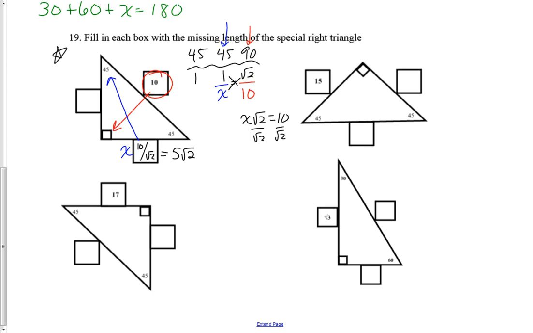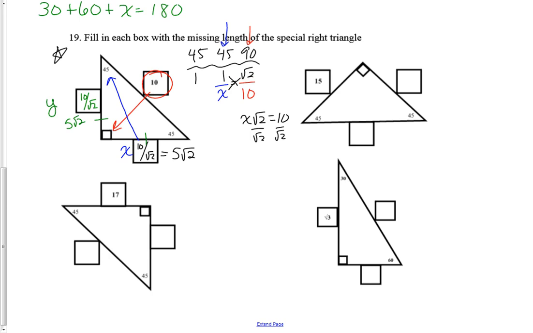Either answer is fine for this problem. Now at this point, if you recognize the triangle is 45, 45, 90, you'll notice it is isosceles. So this side here should be the same as the x we just found. So it's either 10 divided by the square root of 2, or you could have written 5 times the square root of 2. Either answer is fine.